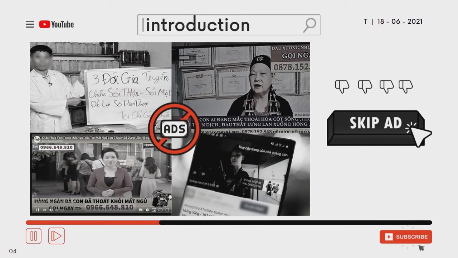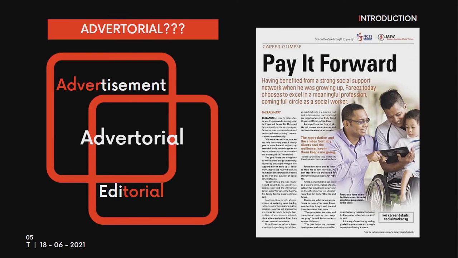That's why marketers need to come up with a new method to attract customers' attention, and advertorials appear as an effective replacement. Advertorial is the combination of conventional advertisement and editorial.